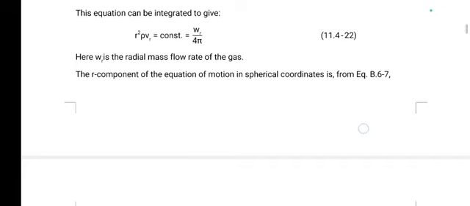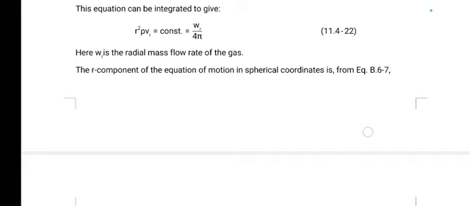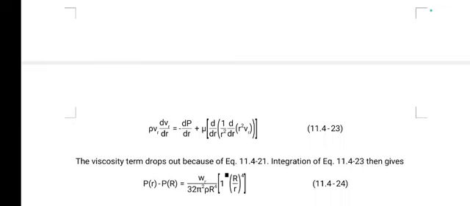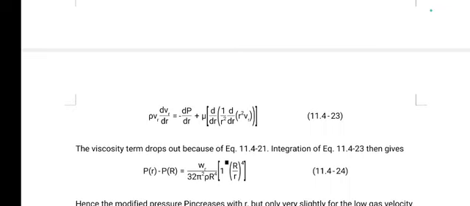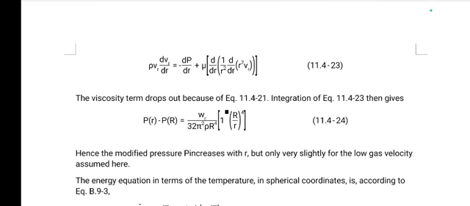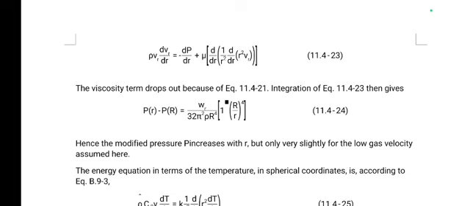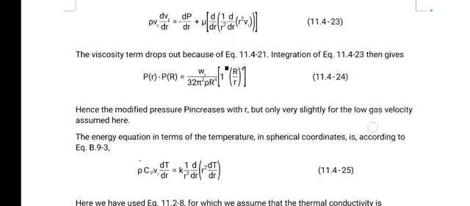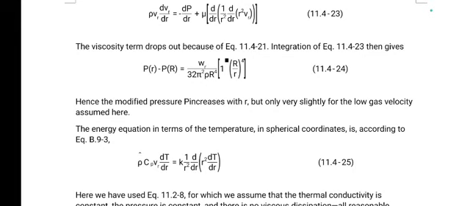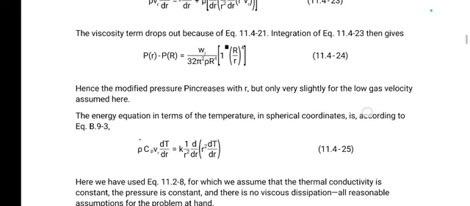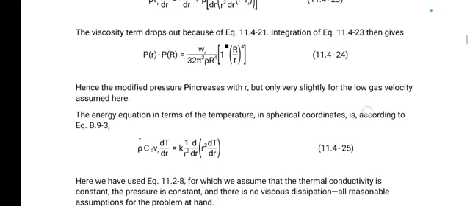The r component of the equation of motion in spherical coordinates is equation B.6-7, and here we have rho v_r dv_r by dr equal to minus dp by dr plus mu times the bracket d by dr of 1 by r squared d by dr of r squared v_r. The viscous term drops out, because integration of this equation then gives p(r) minus p(R) equal to w_r squared upon 32 pi squared rho times (1/(kR)^4 minus 1/R^4).